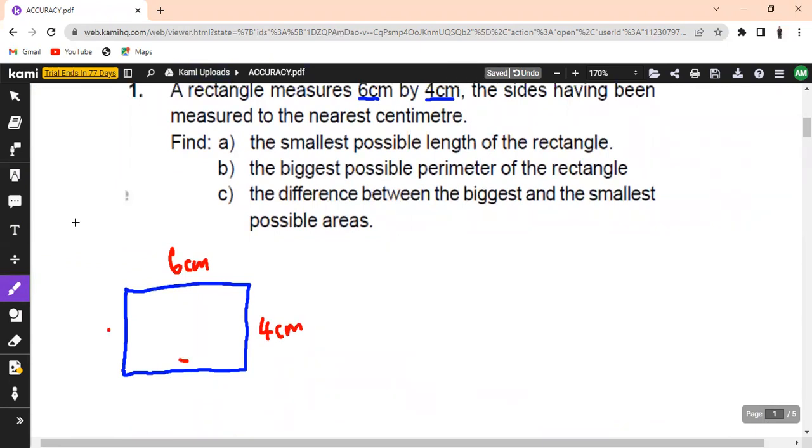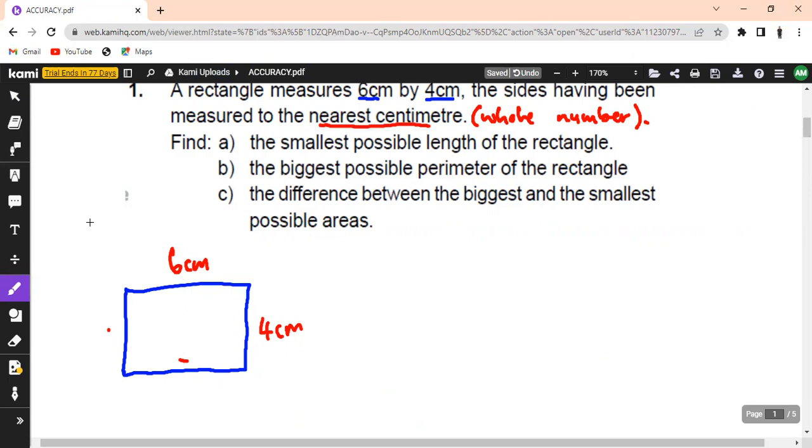Remember your rectangle. Okay, this is to the nearest centimeter. To the nearest centimeter means to the nearest whole number. That is what it means. So these values were rounded off to the nearest whole number. So definitely I need 1 digit after the comma because I'm having a whole number here.